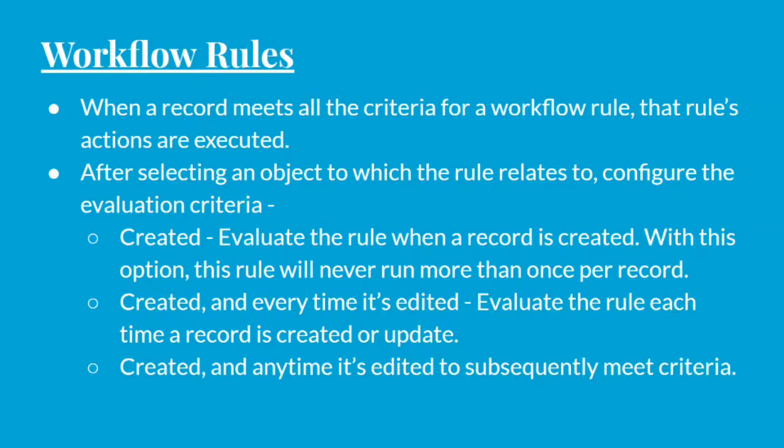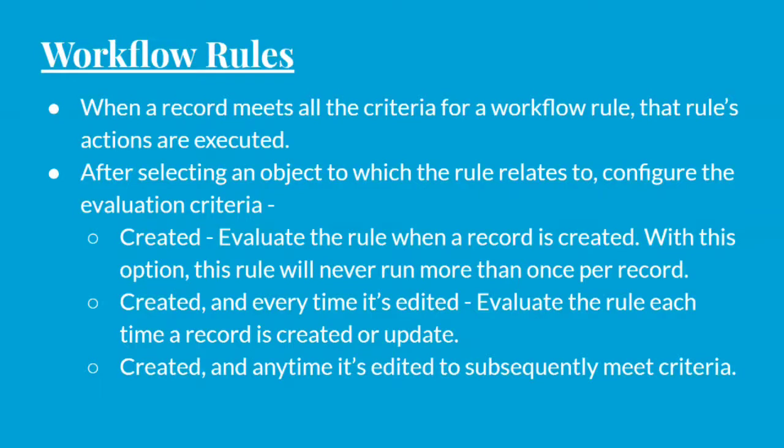After selecting an object to which the rule relates, configure the evaluation criteria. When we go ahead and create any workflow rule, first we have to select the object this workflow rule will be applied to.